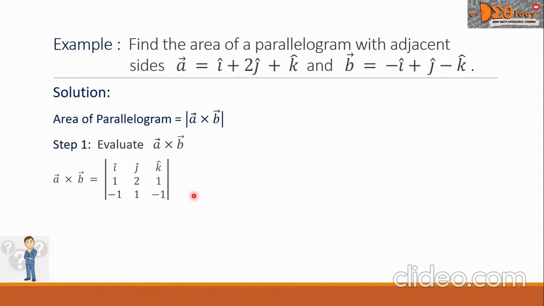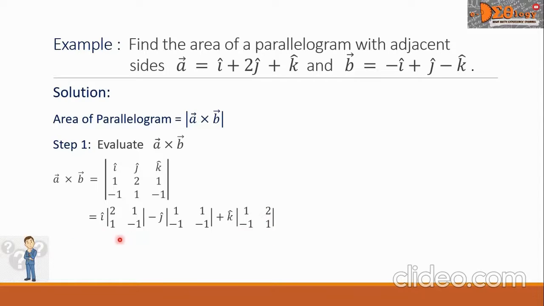By the definition of determinants, we'll have component i times the square matrix 2, 1, 1, negative 1 minus component j times the square matrix 1, 1, negative 1, negative 1 plus component k times the square matrix 1, 2, negative 1, 1.